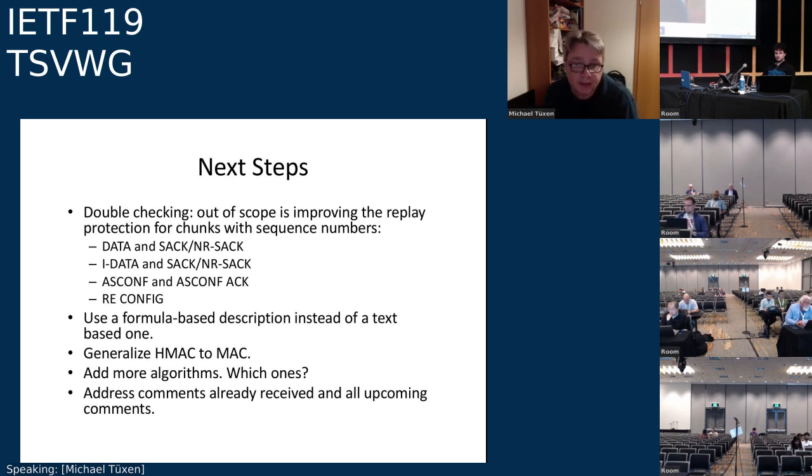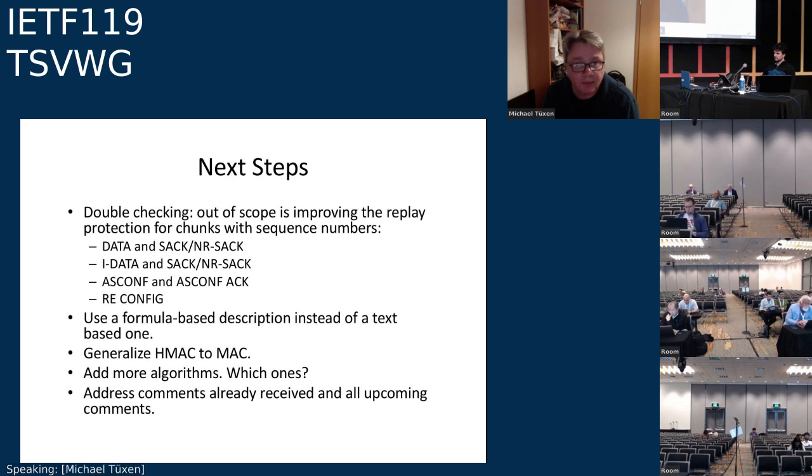Another use case is address reconfiguration, and so you don't have the sequence numbers for the data chunks. So this wasn't intended by the original spec, and right now it's unchanged.